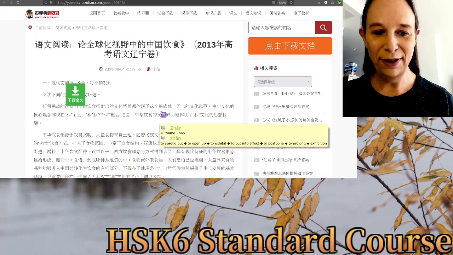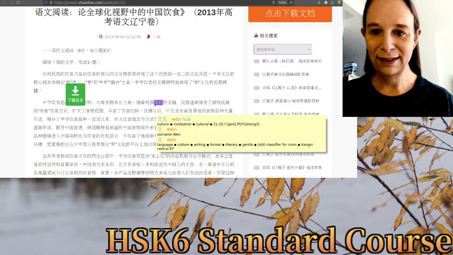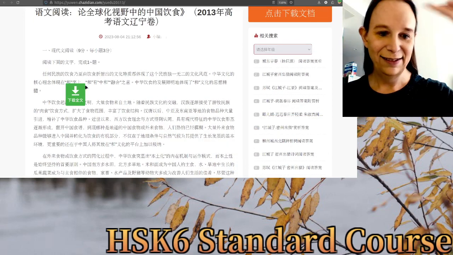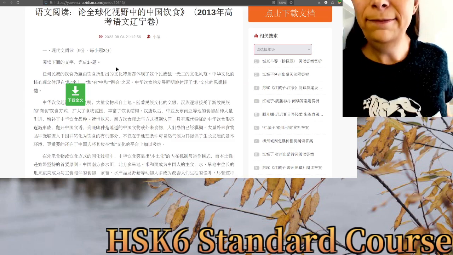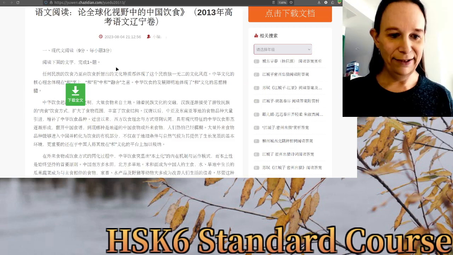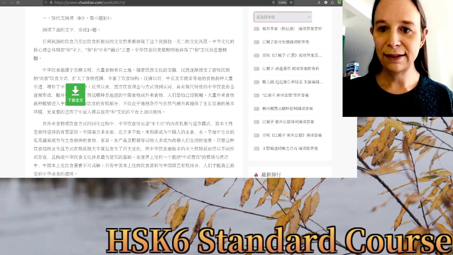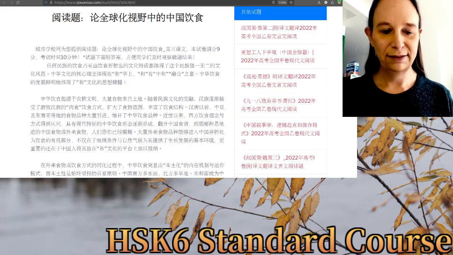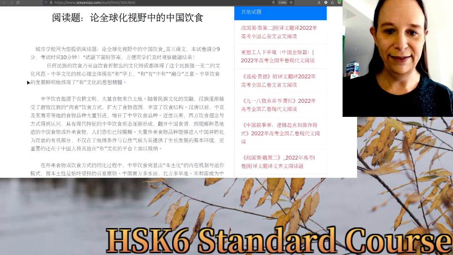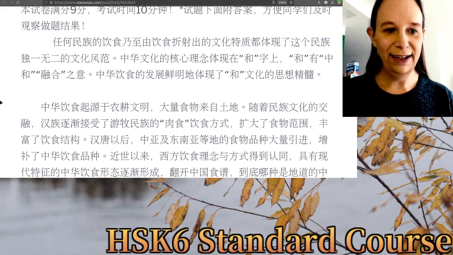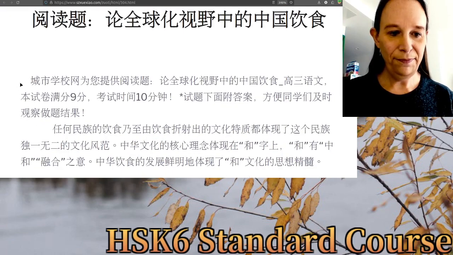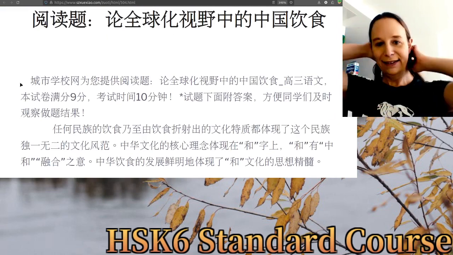This 下载全文. Is there any way I can get rid of that? Maybe I'll edit the page. All right. Let's just read this one. I like big characters. I cannot lie. All right.